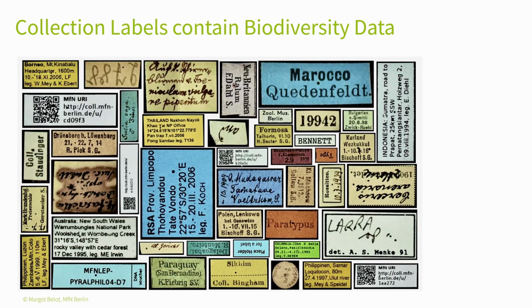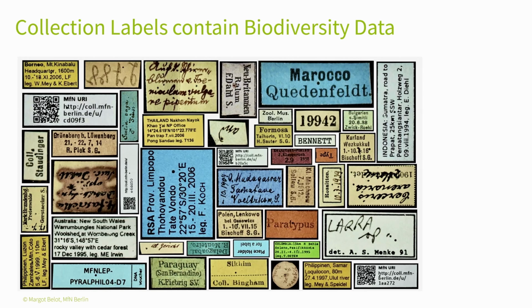Collection labels are surely one type of document that is especially important and especially significant in terms of collection management and also use for collection-based research, because usually each collection object is accompanied by one or more labels in which the most important information about the origin of the object or its provenance are kept.